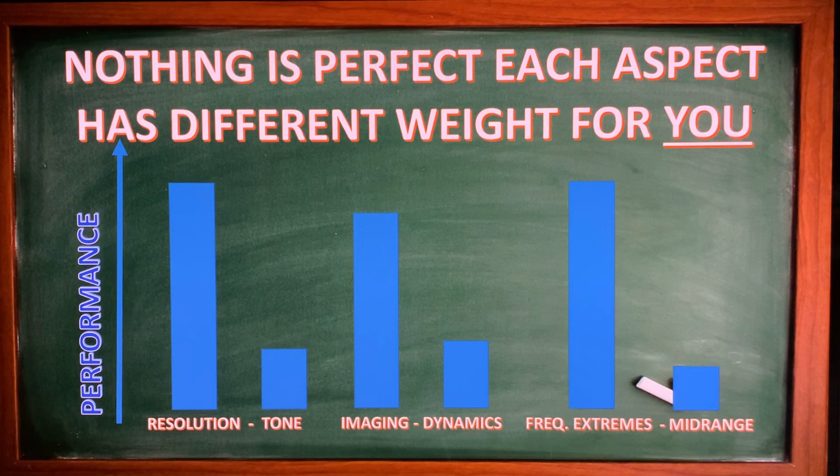This happens because loudspeaker technology is imperfect, and when you are a designer, you have to choose what strengths you are going to use, and you will have to suck up and live with the compromises that come with it.